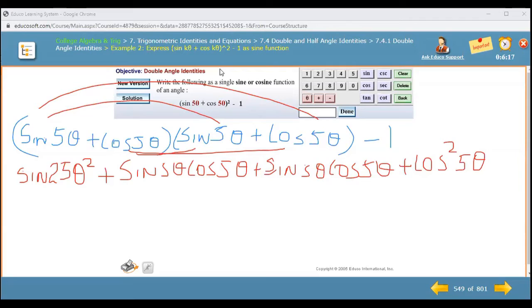Let me just change this. This will be like this. Sine squared 5 theta minus 1.